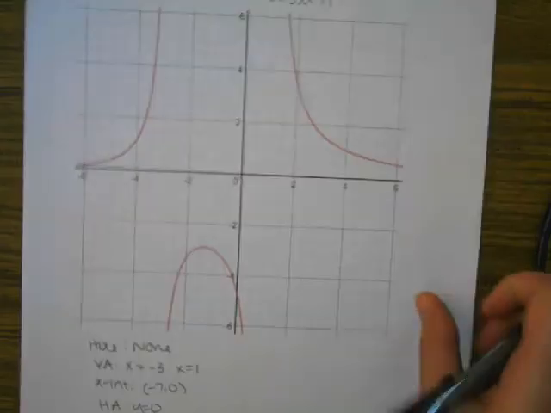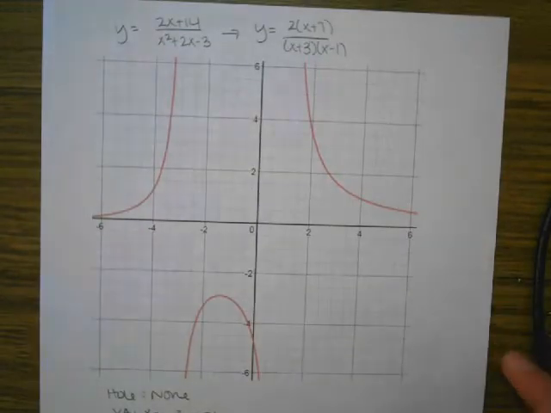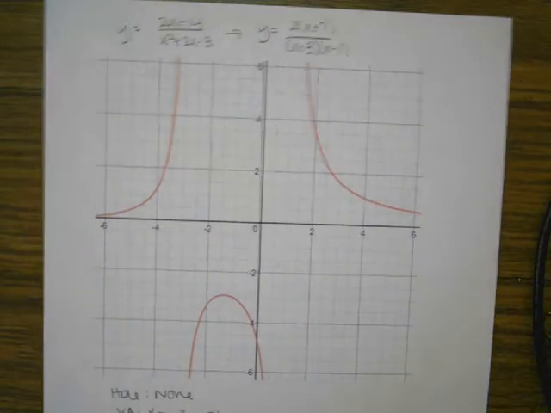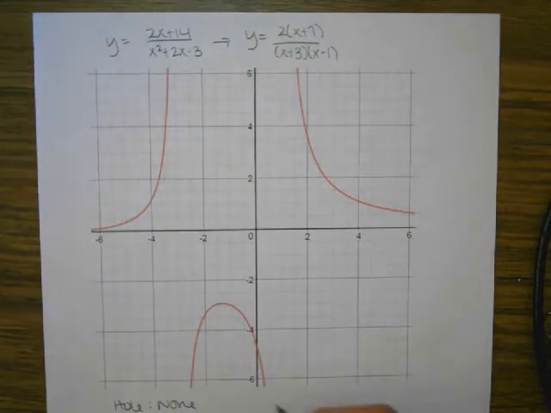This is number 3. So I want you to find the domain for this warm-up problem. You can use the graph if you would like, or you can do it just based off the excluded values. So what did you guys get for your domain?